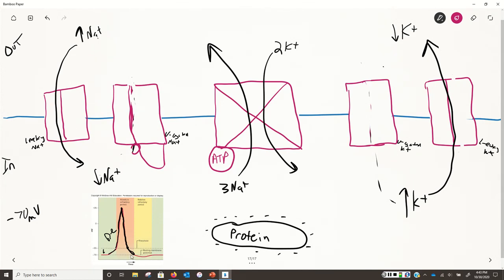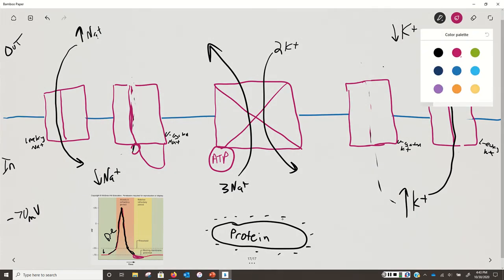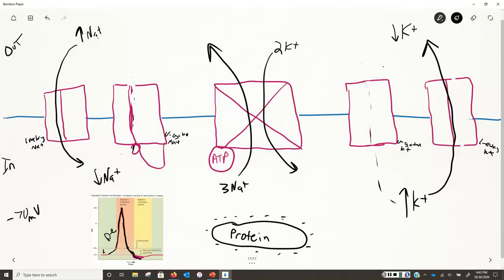We go beyond this negative 70. We actually get down to about negative 90 millivolts. And this negative 90 millivolts is because we overshoot due to this voltage-gated potassium channel being slow to close. It doesn't have an inactivation gate.